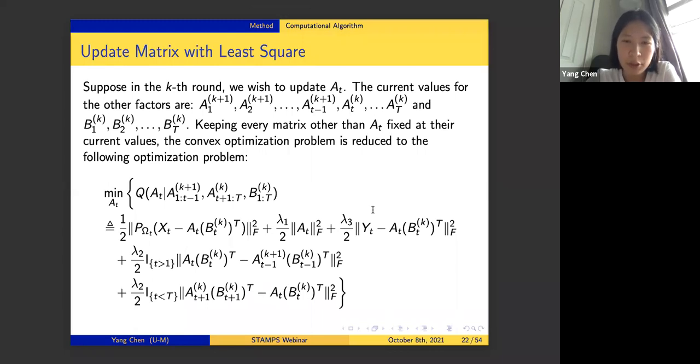At the kth iteration, we want to update A_t, and then the other factors, the A1 until A_{t-1} have already been updated, and then the B are still at the previous iteration, and then the objective function that we have is a function of A_t, which is defined by this Q_t function. And we can locate where the A_t are and then try to find a solution.